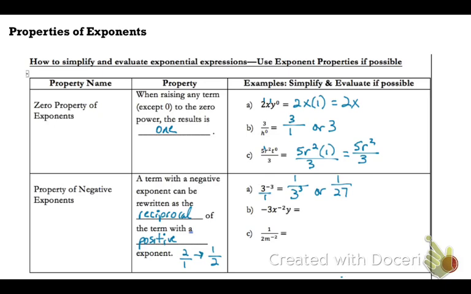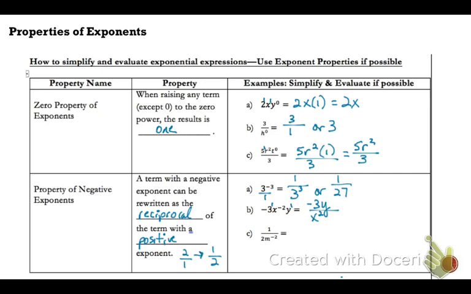Now in B, you just want to watch out because it's only the x that is being raised to the negative power. So the negative 3 to the first power is unaffected. The y to the first power is unaffected, but it's only x to the negative 2 that needs to drop into the denominator. And when it does that, the exponent becomes positive.